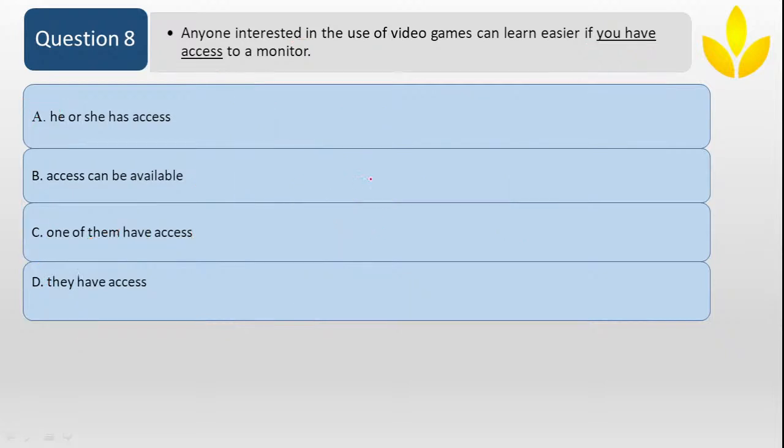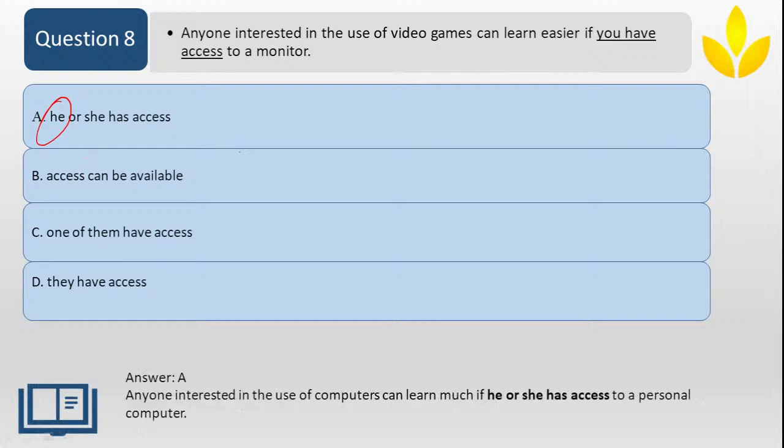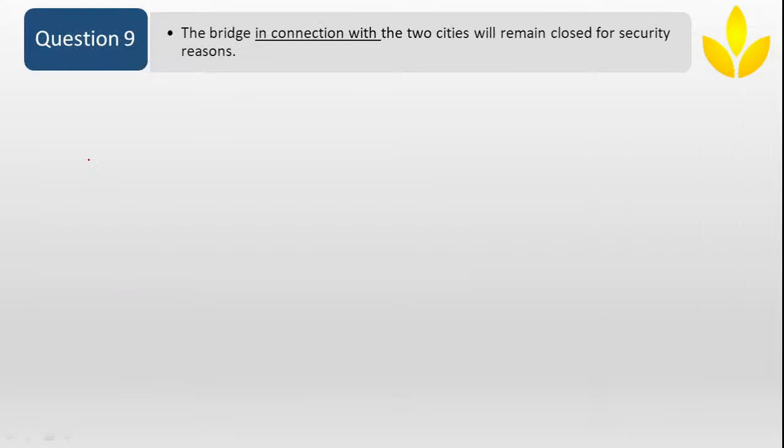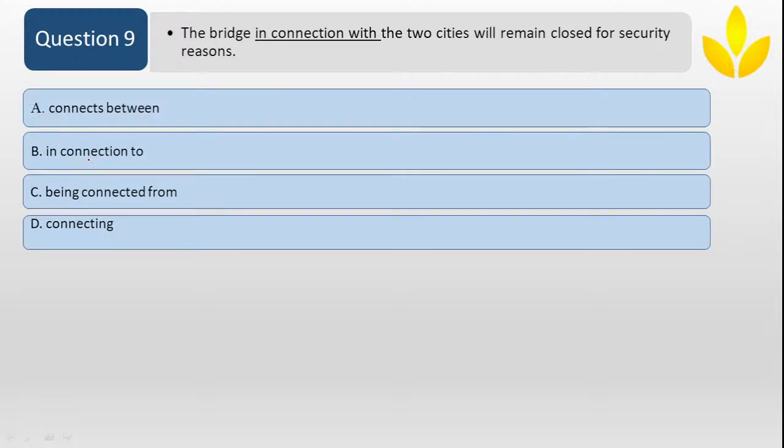So that is the mistake in this sentence. He or she should be used. Next question. The bridge in connecting with two cities will remain closed for security reasons. So we know that your options, bridge connects two cities. Purpose of bridge itself is connecting.